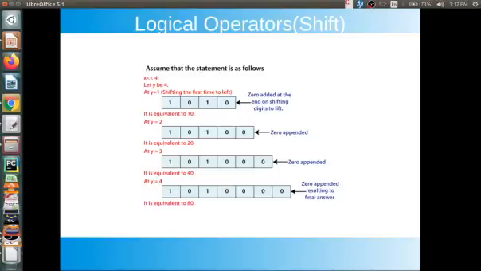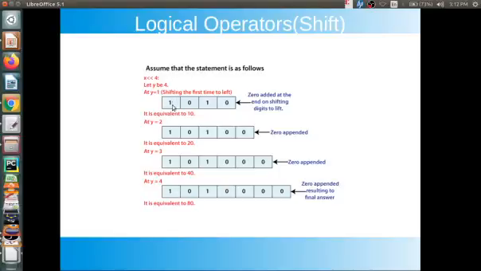You already know the most significant bit and the least significant bit. If data is given in 32-bit binary format, it will be shifted to the left. Whenever it is shifted to the left, 0 is appended to the rightmost part.